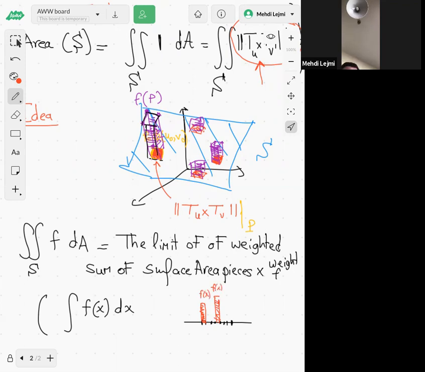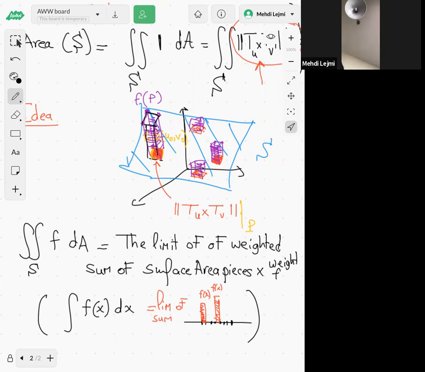The integral of the single variable is the limit of the sum of all these small rectangles. The idea here is just the same, except that instead of small sub-intervals, we now have small parallelograms. Any questions, guys, about this scalar surface integral? Roughly speaking, that's the idea.